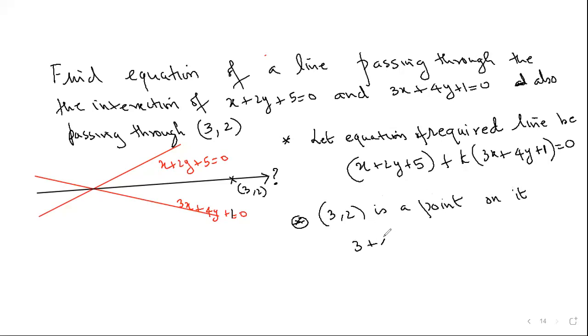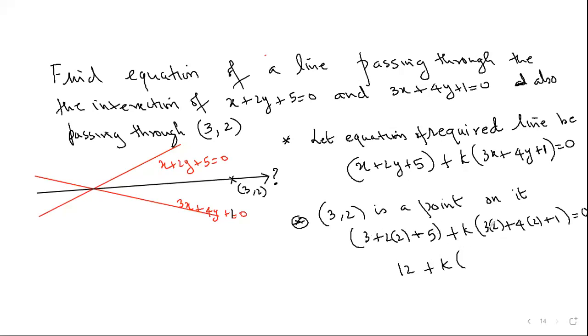Therefore, 3 plus 2 into 2 plus 5, plus k into 3 into 3 plus 4 into 2 plus 1 should be 0. 3 plus 4 plus 5 is 12, plus k into 9 plus 8 plus 1, that is 18.